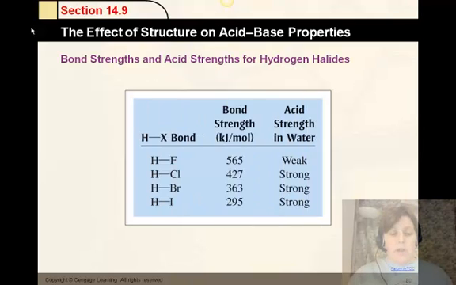Here is a chart that shows 4 binary acids: hydrofluoric, hydrochloric, hydrobromic, and hydroiodic acid. You can see the bond strengths in the middle, and you can see their acid strengths. Now, you might wonder, well, why is HF a weak acid?